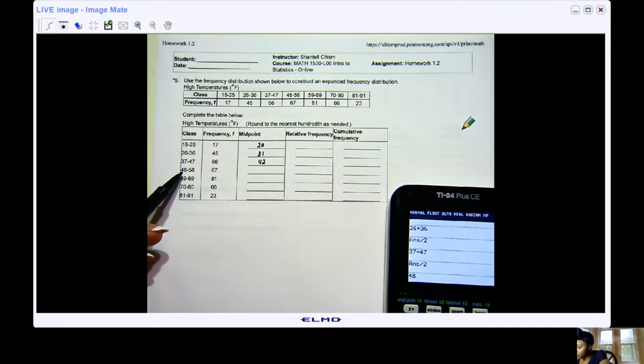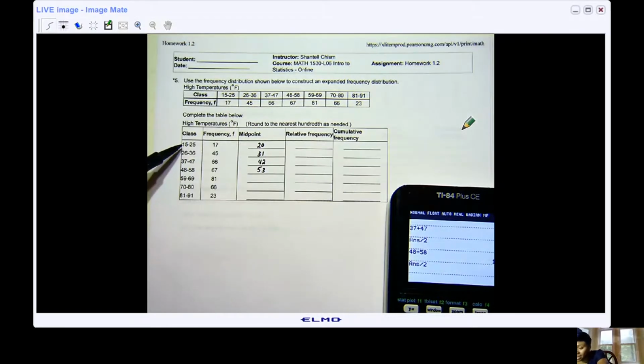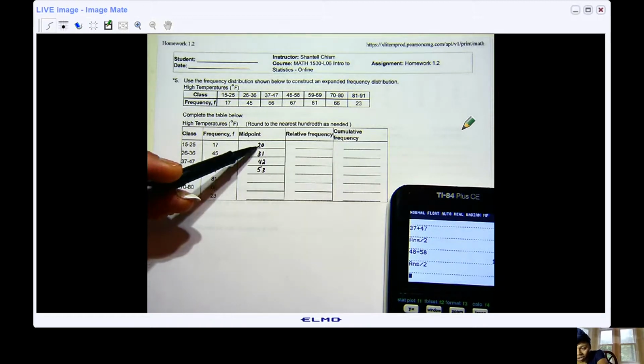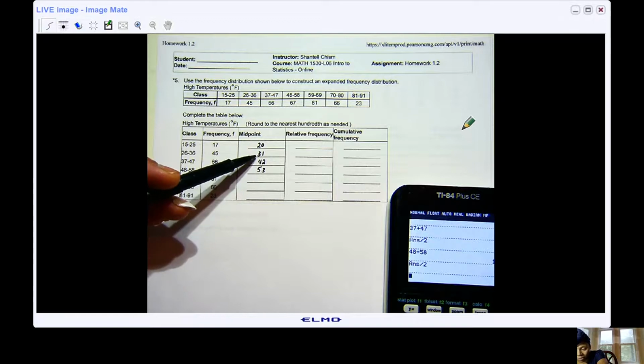Then 37 plus 47 divided by 2 gives 42. Then 48 plus 58 divided by 2 is 53. You may have already determined that the lower limits are all increasing by 11, and it's the same for the upper limits. So the midpoints would also increase by 11. 20 plus 11 is where you get 31, and 31 plus 11 is how we get 42.